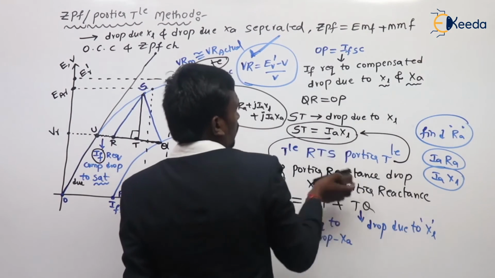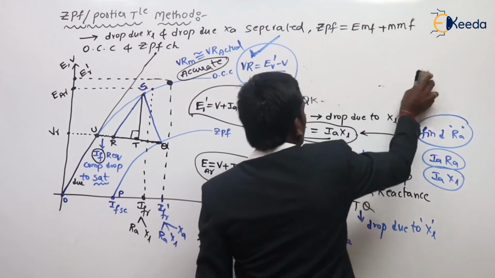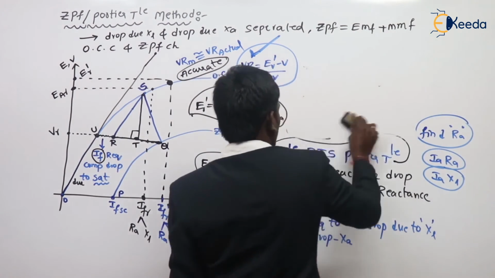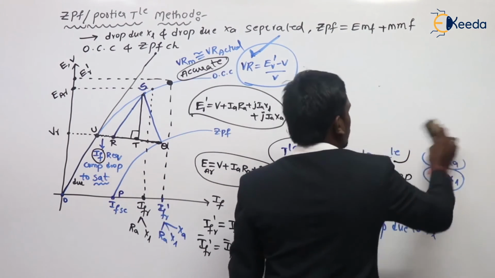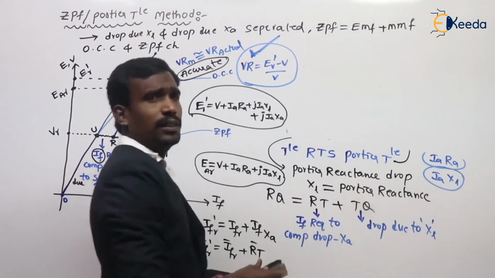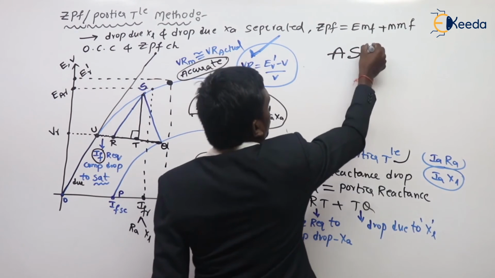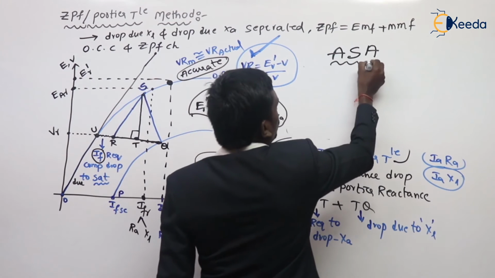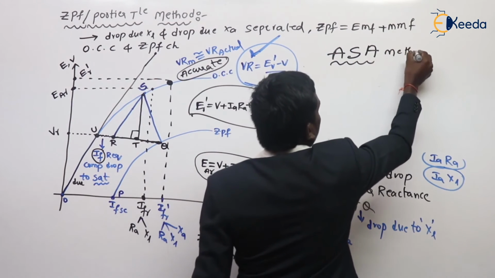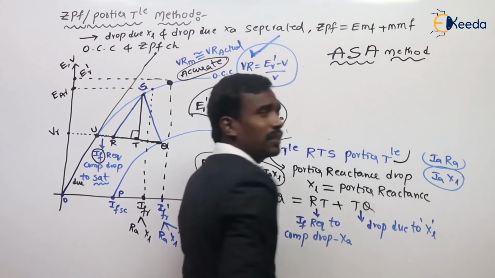Let's see how we can find voltage regulation with the ASA method, the American Standards Association method, the final method.